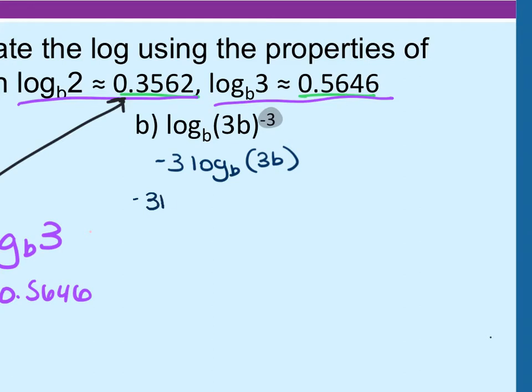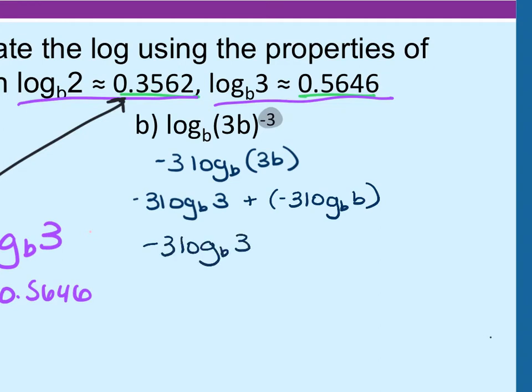So negative 3 log base B of 3 plus a negative 3 log base B of B. So negative 3 log base B of 3 minus 3 log base B of B. Because they both had the exponent, when they split, they both get the number at the front. If it was log base B of 3 times B to the negative 3 and only B had the negative 3, then the second parentheses would only get that negative 3. But because they both were in the parentheses, they both get it.